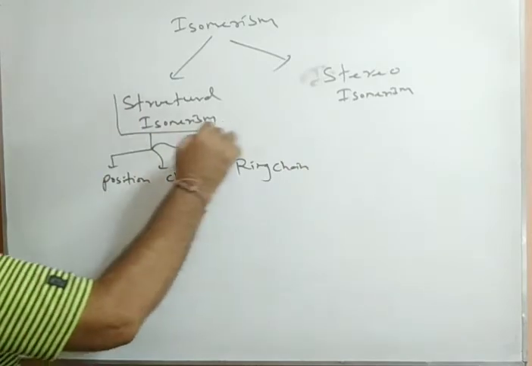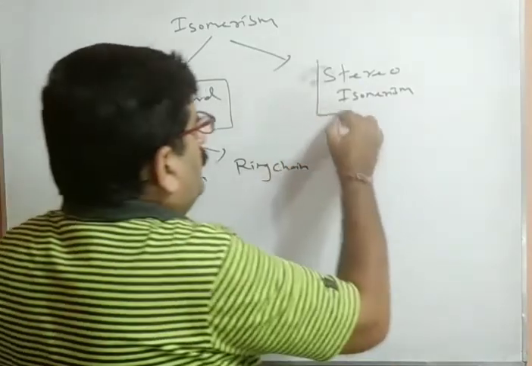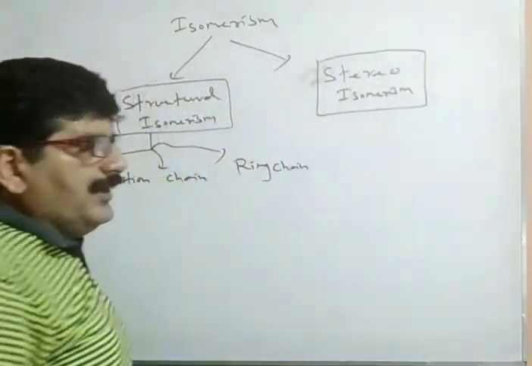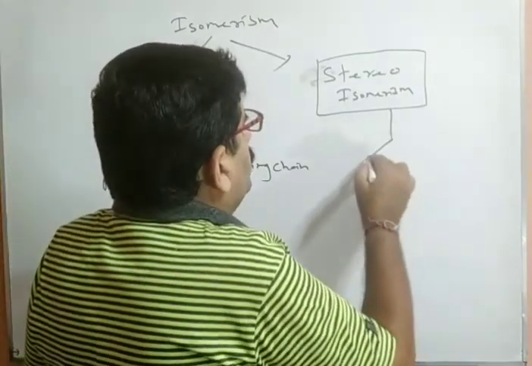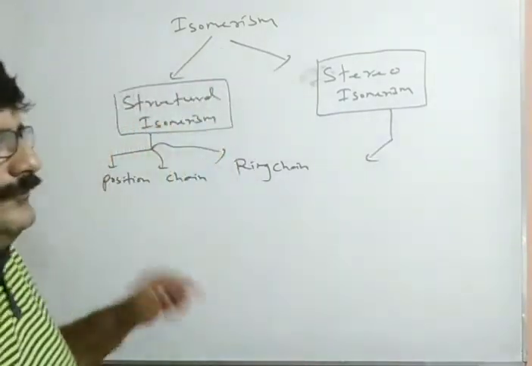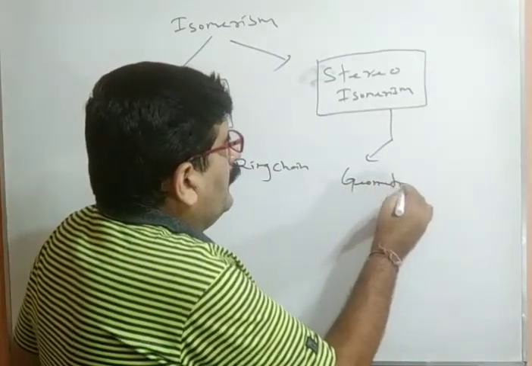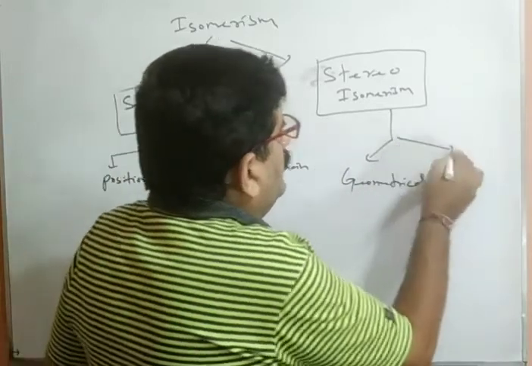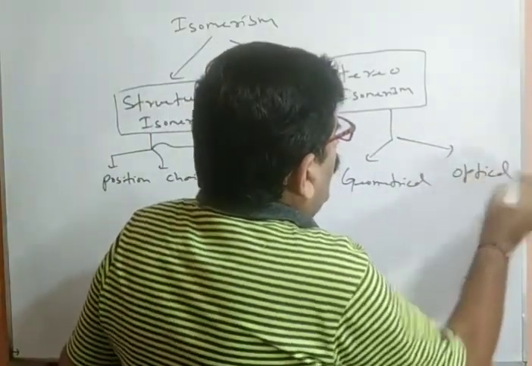But for stereoisomers, for haloalkanes and haloarenes, two possibilities arise. First one is known as geometrical and second one optical.